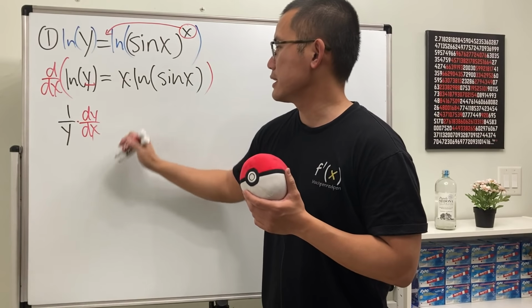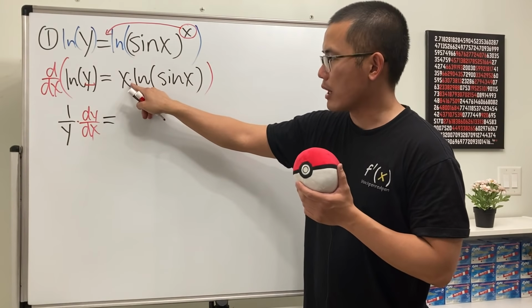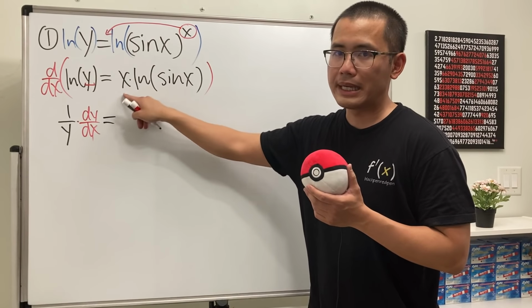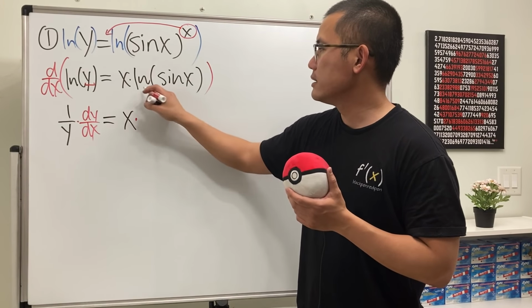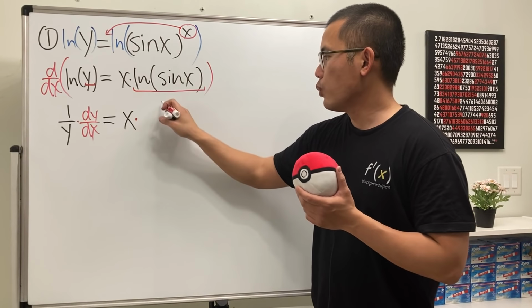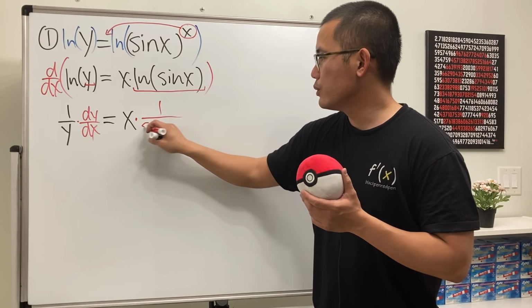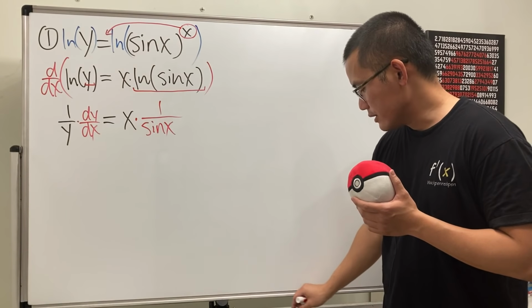dy/dx. Good. And for the right hand side, because we have a product, we are going to use the product rule. Keep the first function, and multiply by the derivative of the second. Derivative of ln is 1 over the inside, which is sin x. But we're not done yet, because we have to use the chain rule.